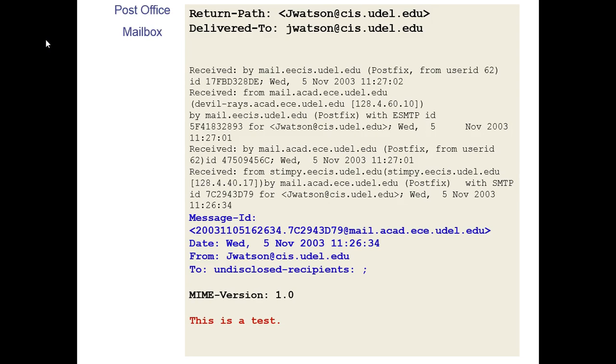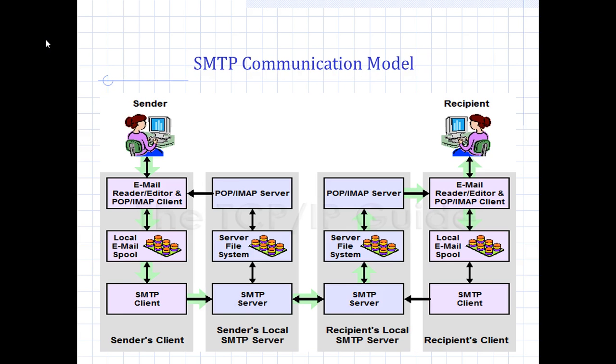The post office mailbox is defined at the top, that is the written path and delivered-to. Second is the post office and the mail route it takes to reach the destination. The receiver's mailbox is what you see at the bottom, which tells about the receiver's information, how exactly it is received, and where it has been received.